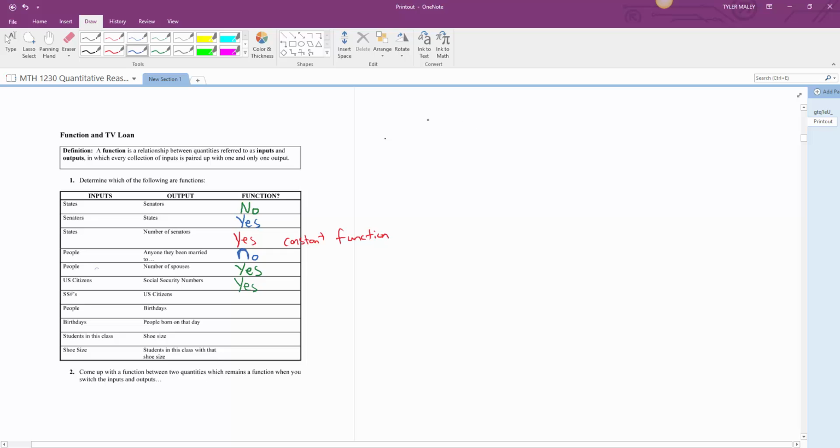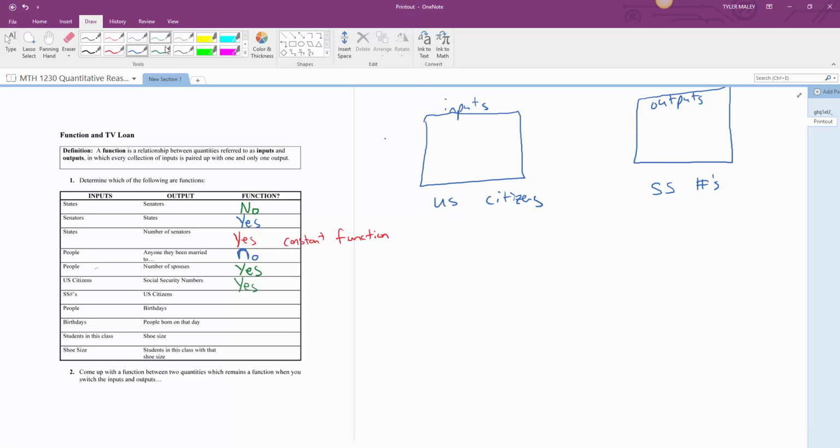So a way to think about this is, if this box is my inputs, which are US citizens, and over here is where my outputs live, and here we're mapping it to Social Security numbers.